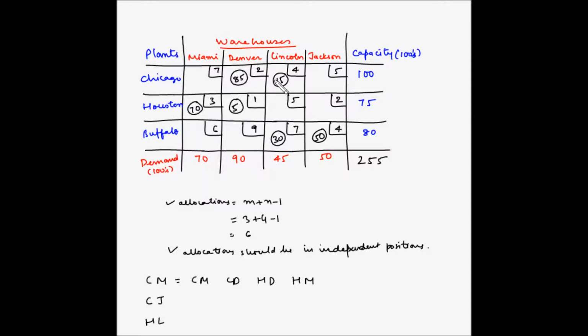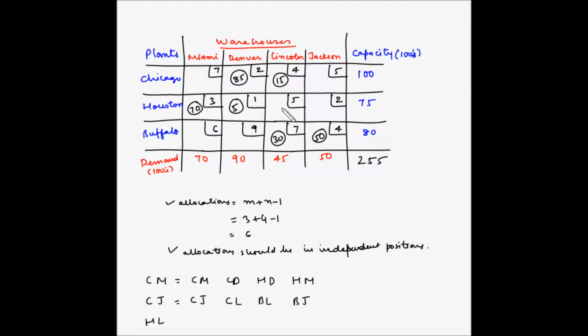The next is Chicago, Jackson. So the closed loop will be Chicago, Jackson to Chicago, Lincoln to Buffalo, Lincoln to Buffalo, Jackson, and then back. So this is CJ to CL to BL to BJ.